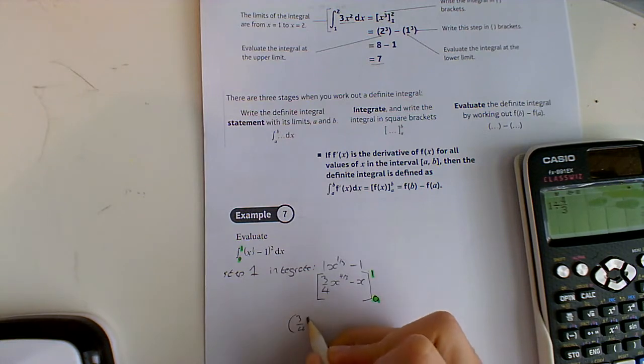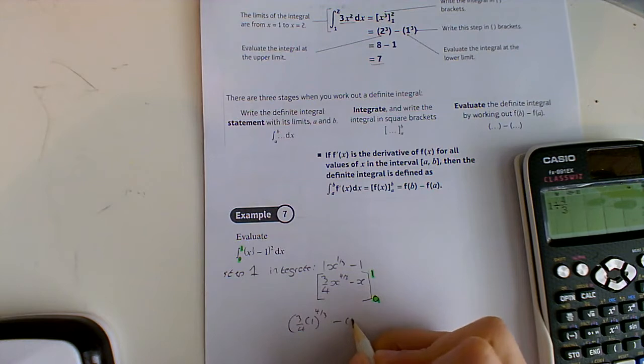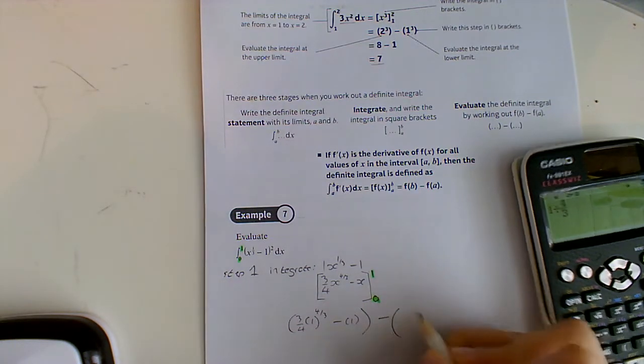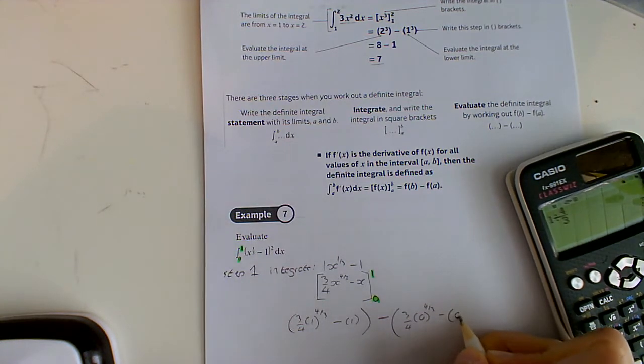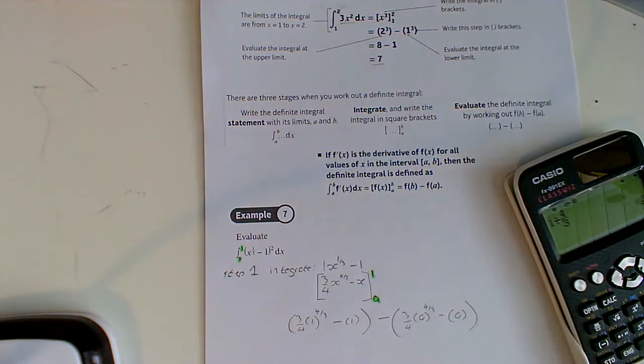So 3/4, 1 to the power 4 over 3, minus 1. Take away, brackets again, 3/4, 0 to the power 4 over 3, minus 0. Okay, so that's what's happened there.